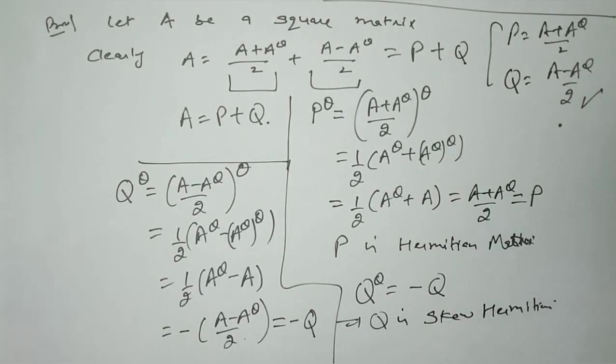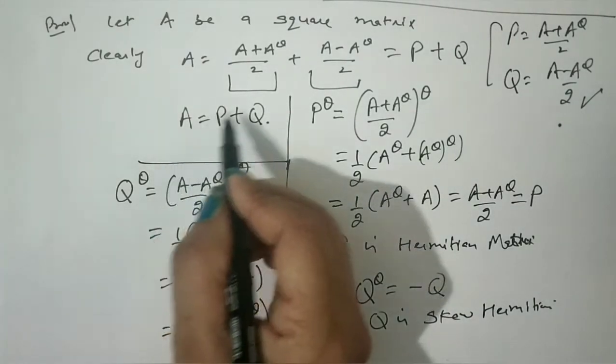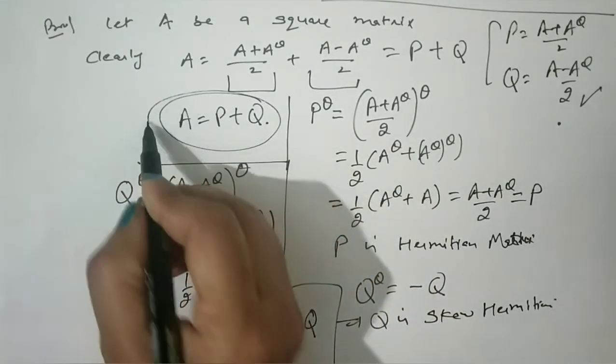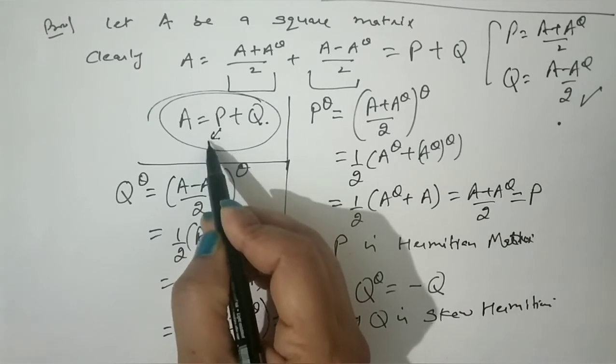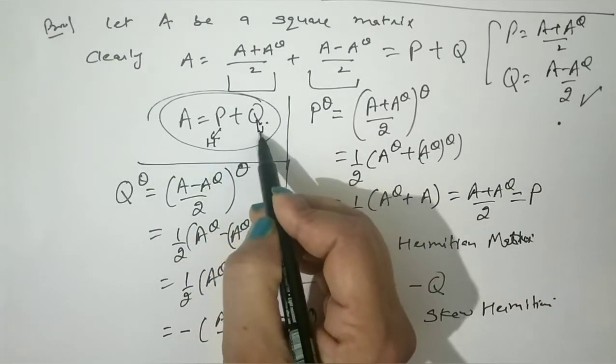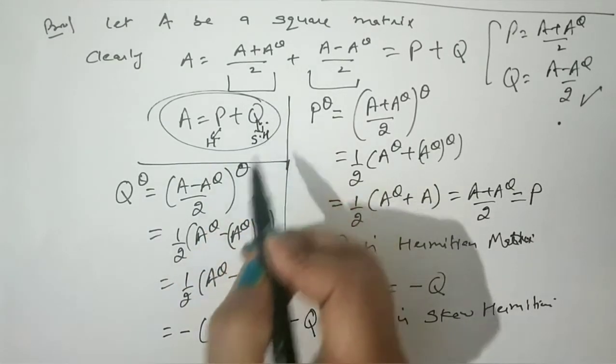So what we have proved is A can be expressed as the sum of two matrices, one Hermitian and the other skew Hermitian.